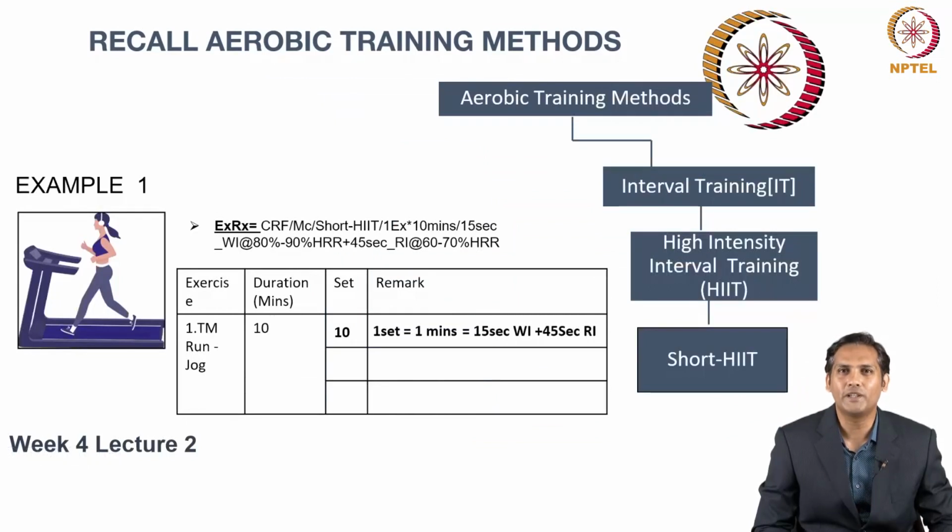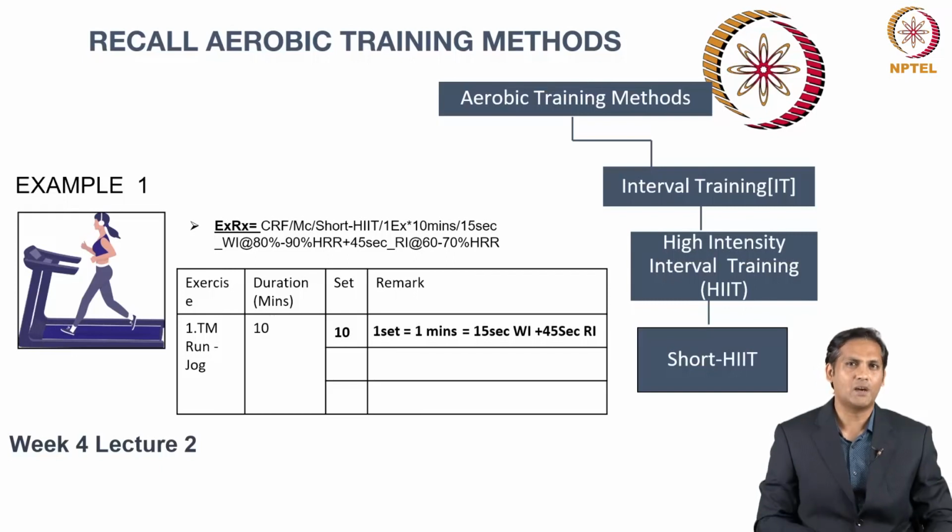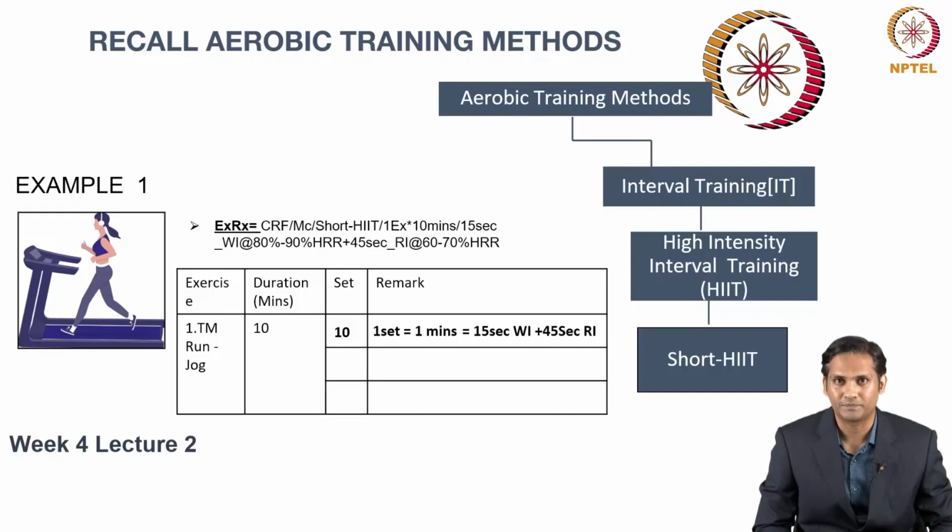Now this type of training allows you to perform more volume of workout and to perform higher intensity of workout. Compared to Fartlek, here you cannot change the intensity or the work interval duration.